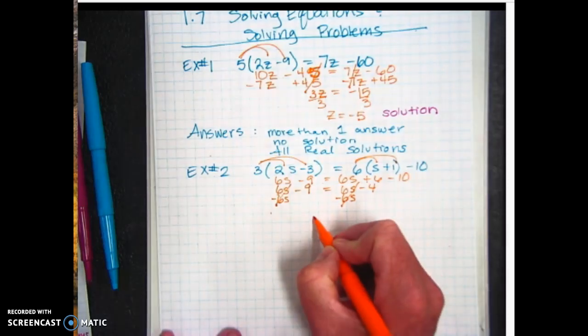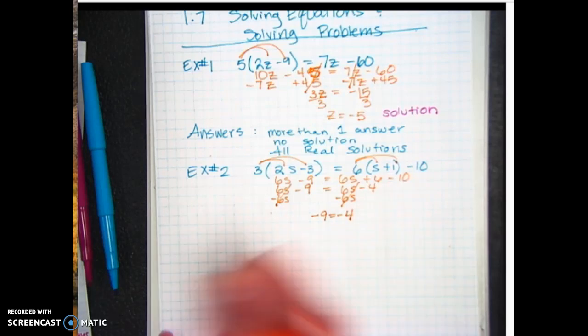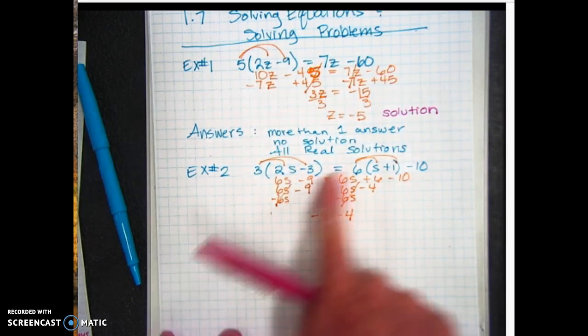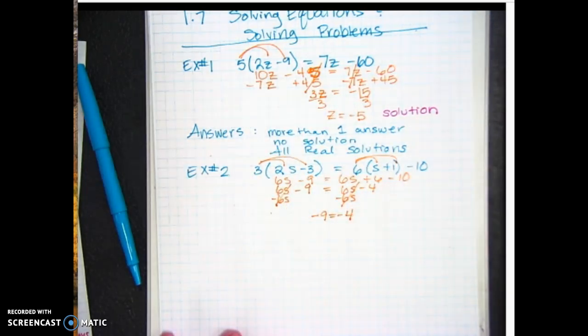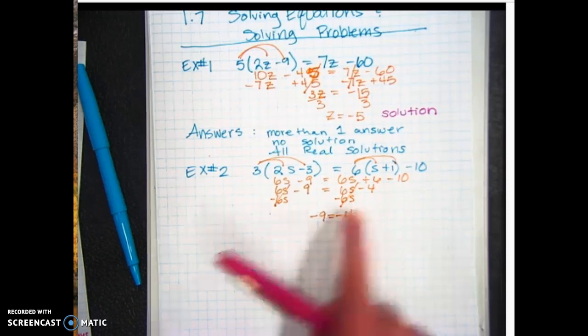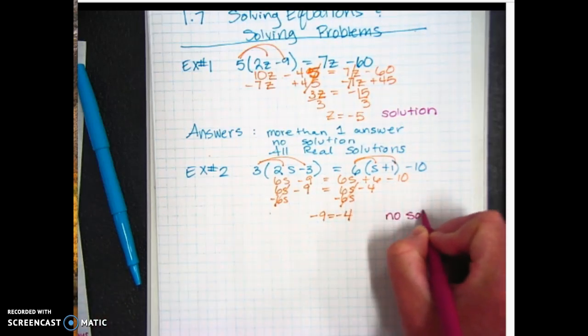So we end up with negative 9 equals negative 4. And it feels like you did something wrong, right? So double check it. Yeah, I did that right. And then go, okay, this one's weird. Does negative 9 equal negative 4? No. So if you get something weird like that, you're going to say no solution.